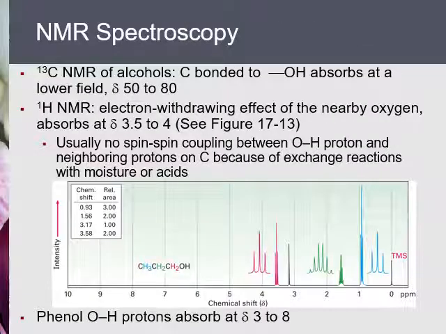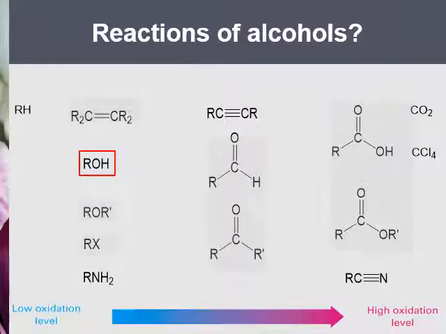In carbon-13 NMR, for alcohols, the carbon bonded to oxygen has a chemical shift between 50 and 80, and the hydrogens connected to this carbon have a chemical shift between 3.5 and 4. In summary, alcohols can be converted to double bonds by elimination.